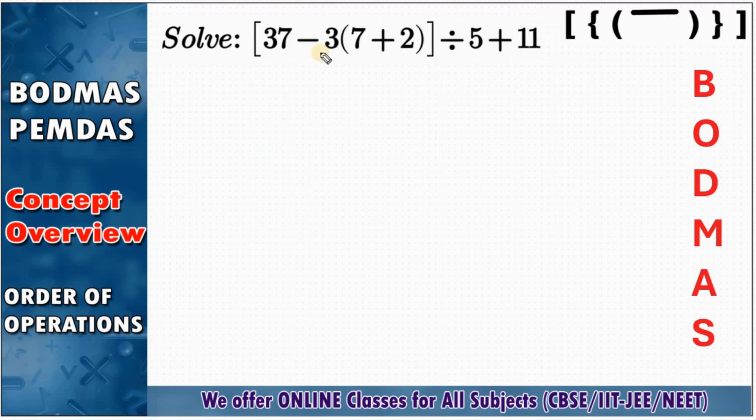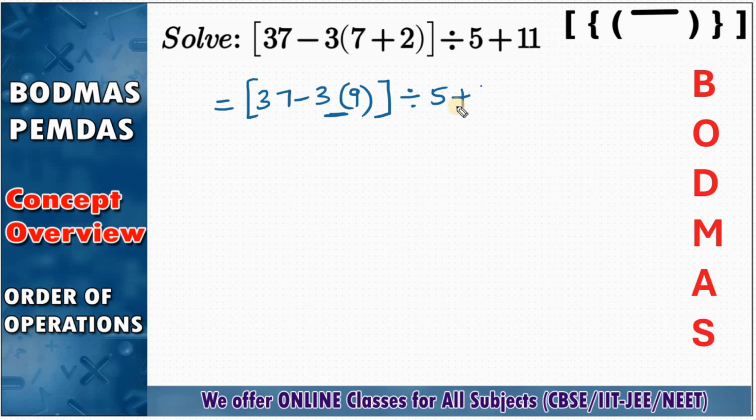In this problem, there are two brackets given. Let's solve that. This is equal to square bracket of 37 minus 3 times of 7 plus 2 is 9. So you can also directly write 3 of 9 or 3 times of 9, and then bracket close divided by 5 plus 11. Don't add 5 and 11 here.